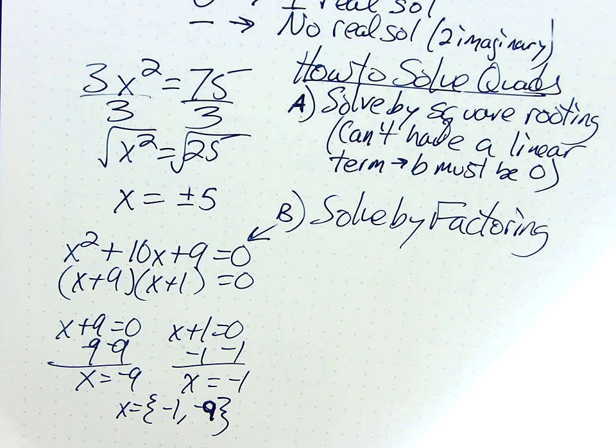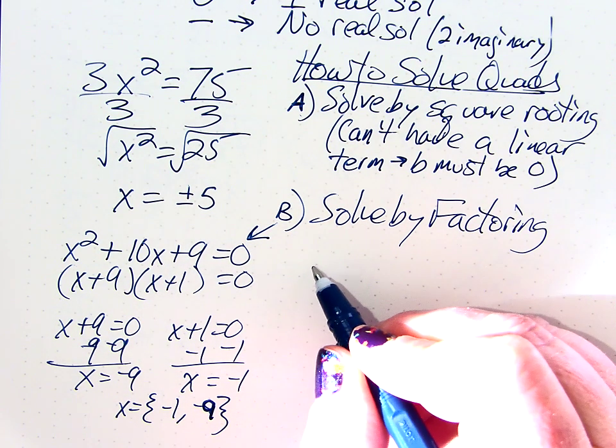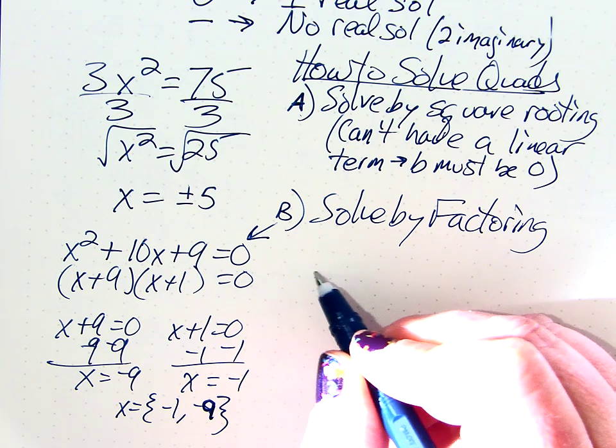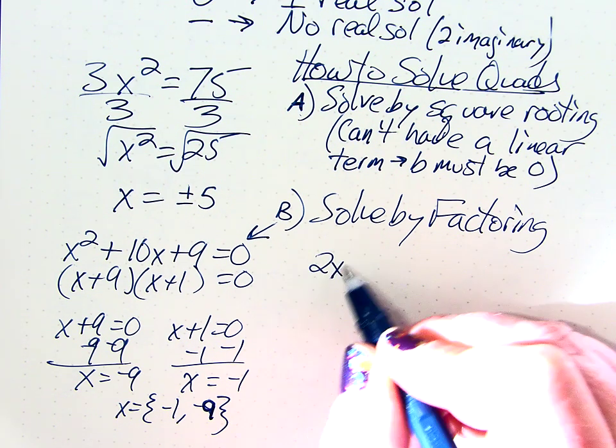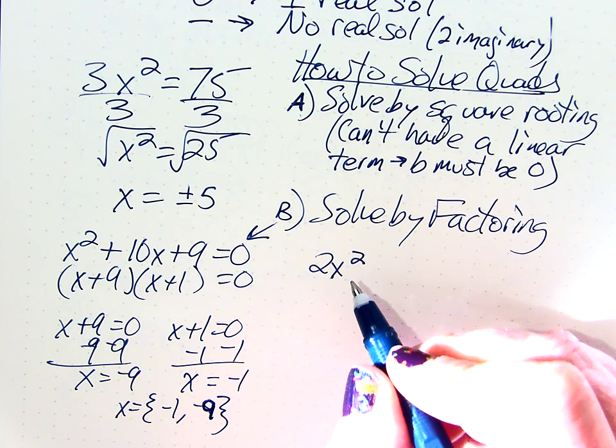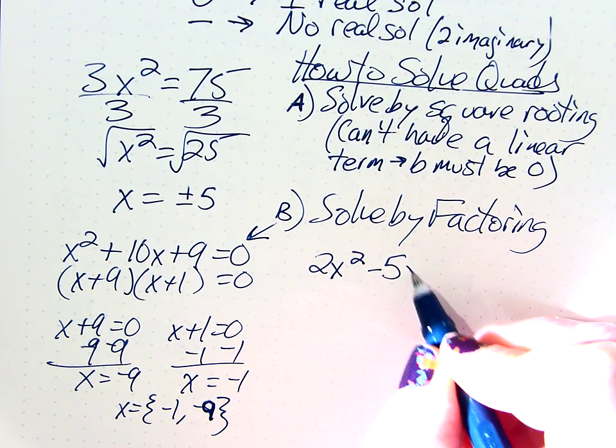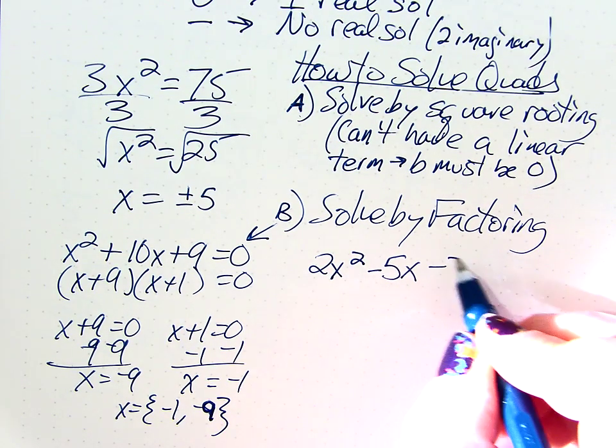Of course, they're not always that easy. Let's just throw one more in there. Say I ask you to solve, I'll stick it right here, 2x squared minus 5x minus 3.